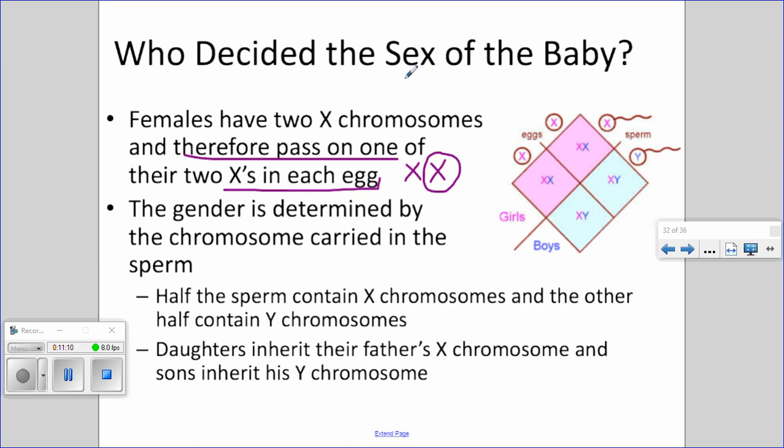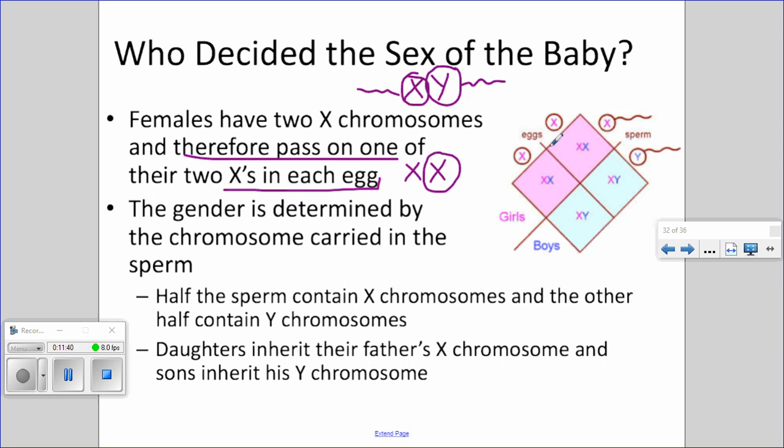And so if you think about a male, then the same situation applies to males. So males are XY, they have one of each, they have two of the sex chromosomes, and so when sperm develop, they will only have one of these sex chromosomes. So you'll have one sperm that contains a Y chromosome, and a second sperm that will have that X chromosome.